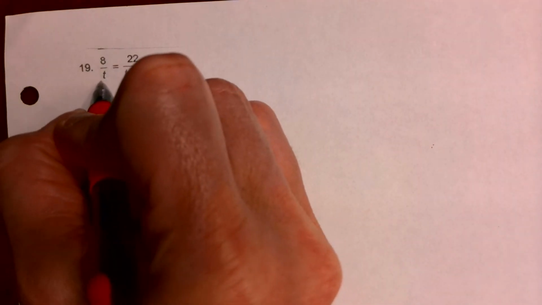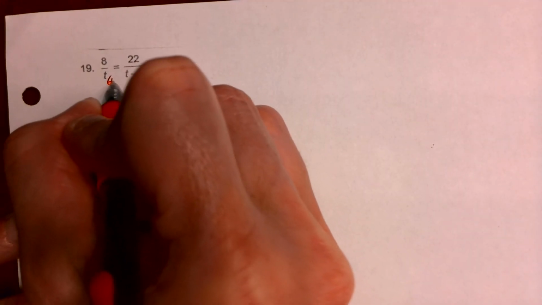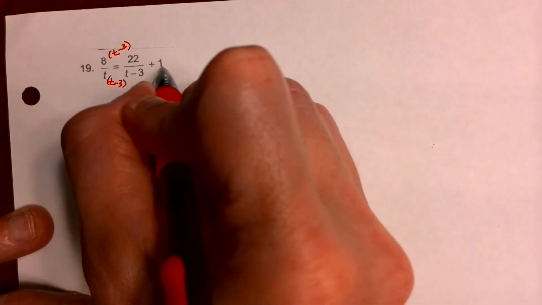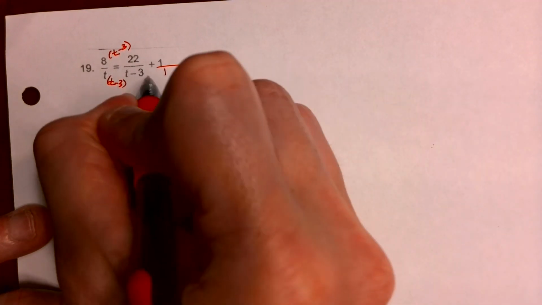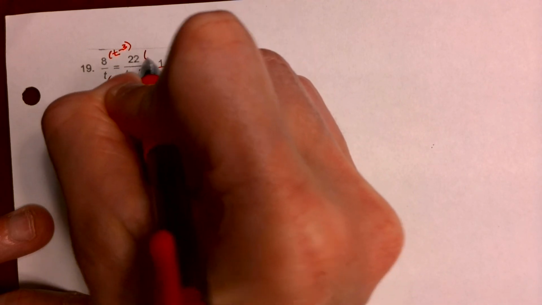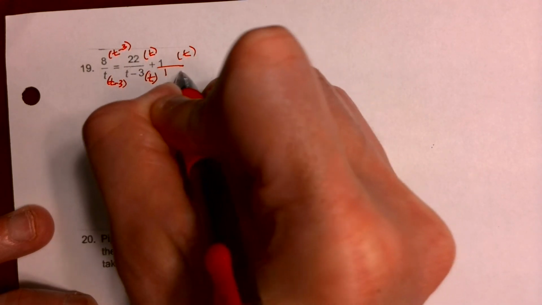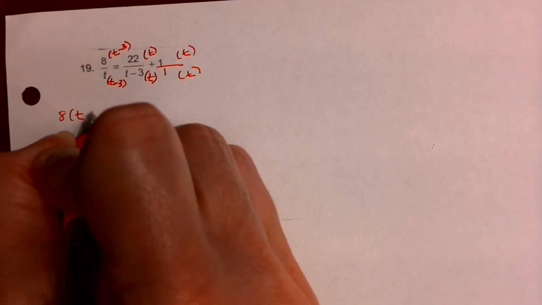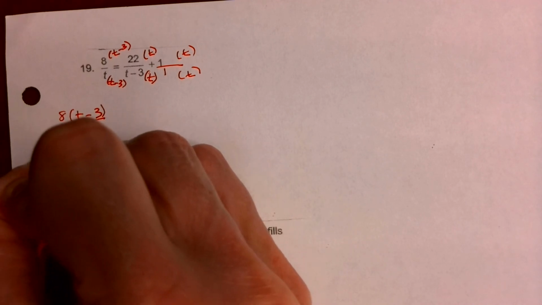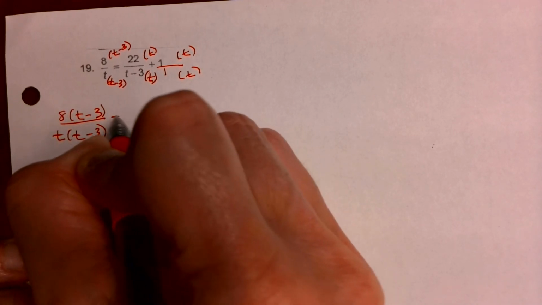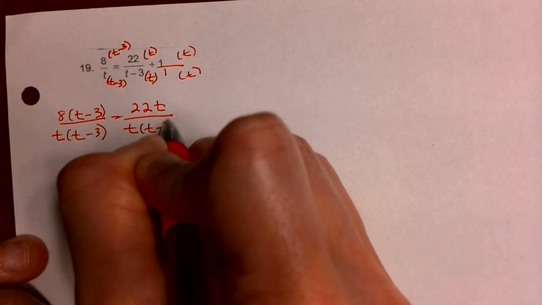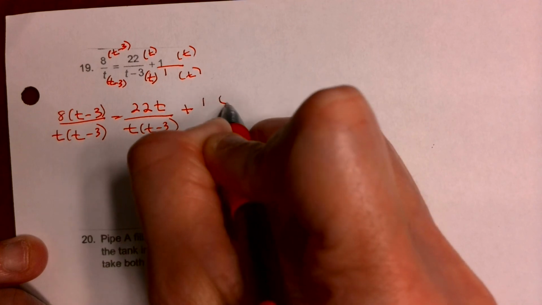Let's just do this. So I've got a t minus 3. So if I multiply this side by a t minus 3, and I multiply, put that over 1, this by a t, and this by a t, I'm going to be left with 8 times t minus 3 over t times t minus 3 equals 22t over t times t minus 3 plus 1t over.